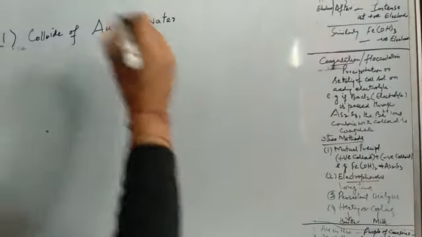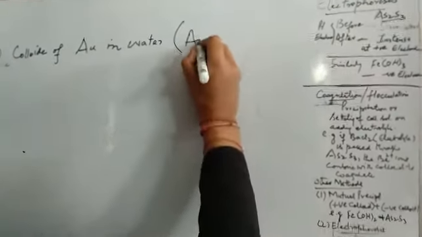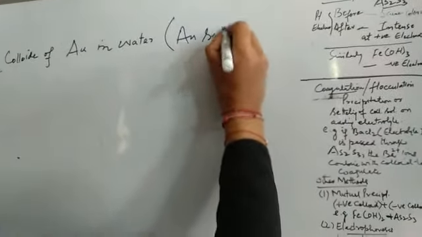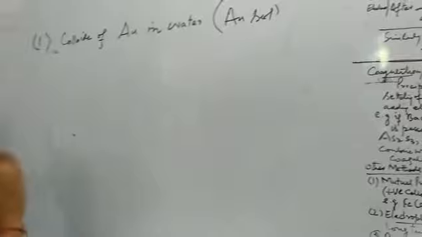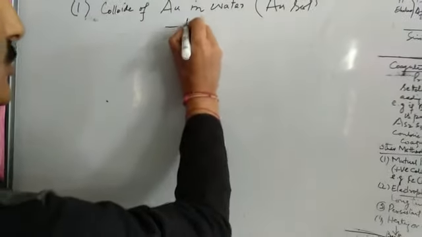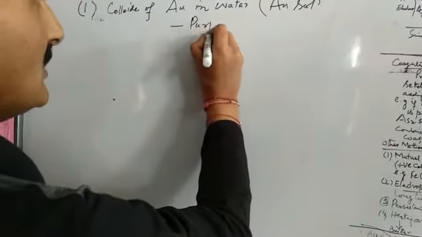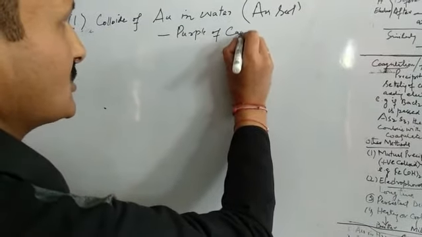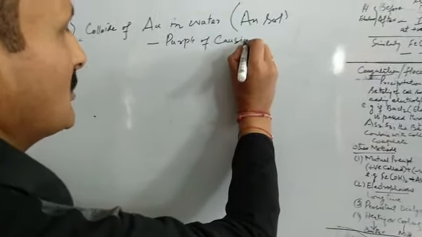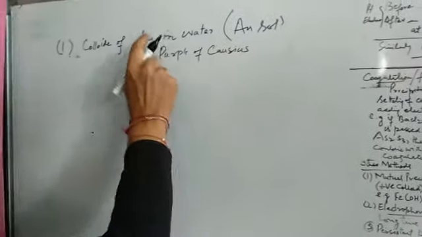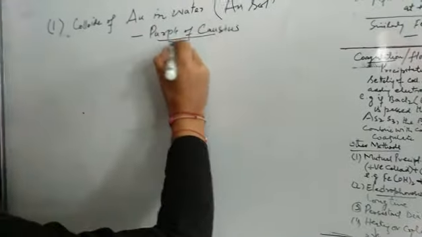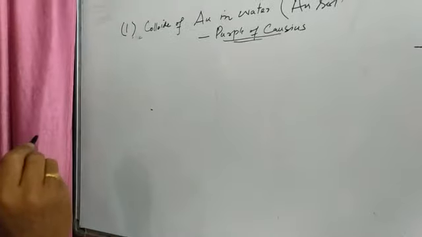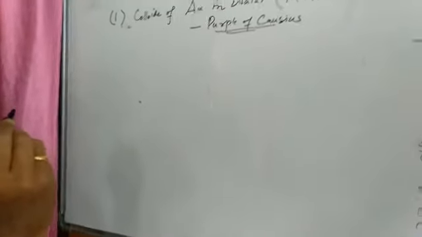This is also known as gold sol, Au sol, that means the colloidal solution. This colloidal solution is also known as purple of Cassius. Please remember, gold in water is also known as purple of Cassius. It can help you in objective type questions.